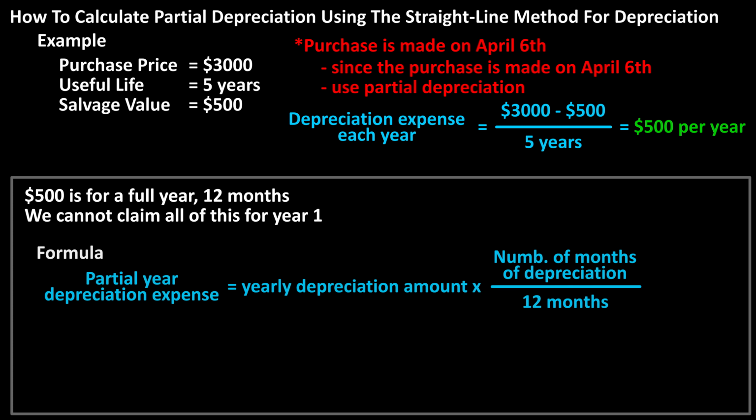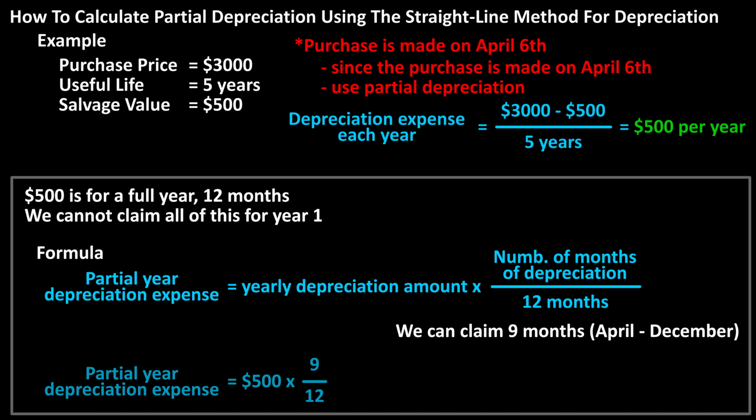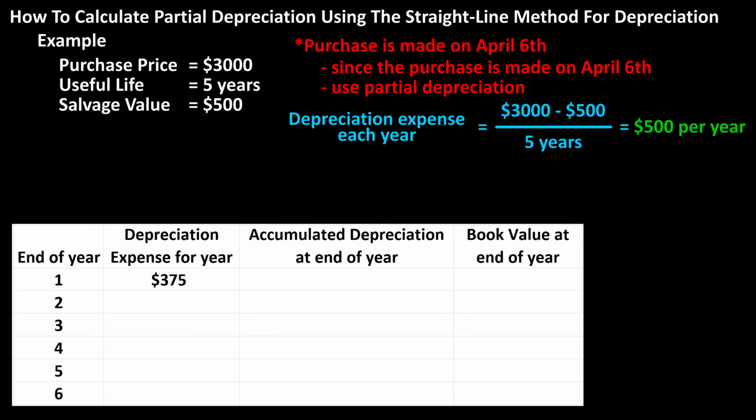The formula to calculate this is partial year depreciation equals the yearly depreciation amount times the number of months of depreciation divided by 12. In our example, the purchase was made on April 6th, so we can claim depreciation for April through December, which is 9 months. Using the formula, we have $500 times 9 divided by 12, which calculates to $375. So that is the partial depreciation for year 1, and we can put that into the schedule.